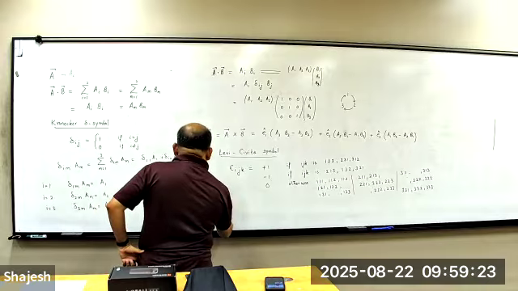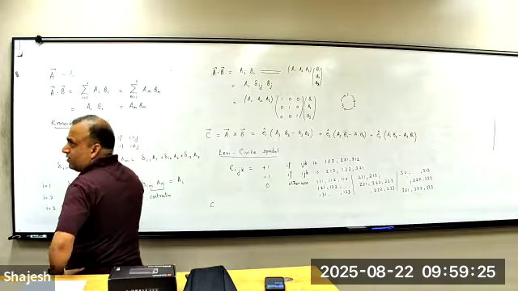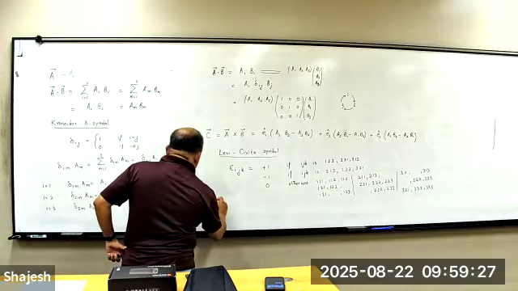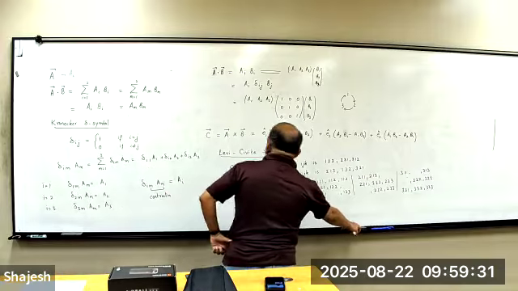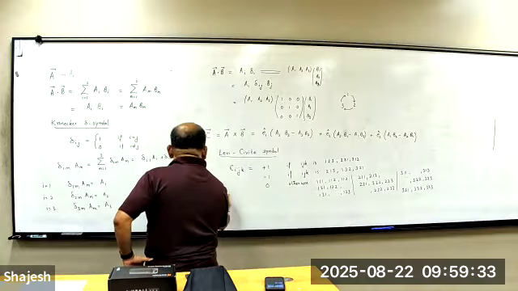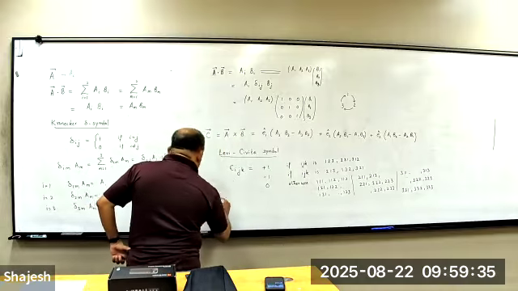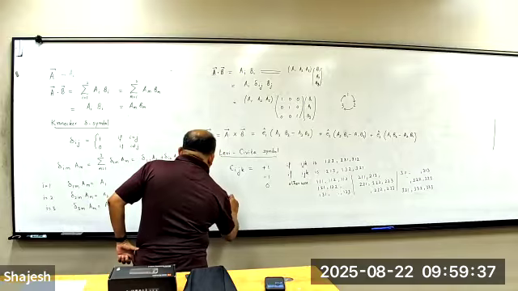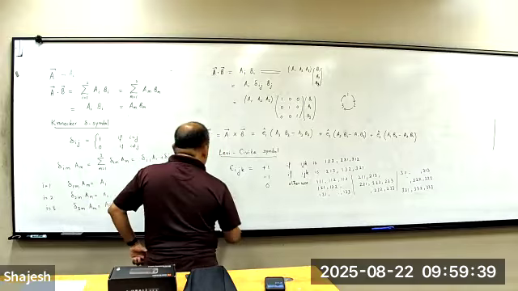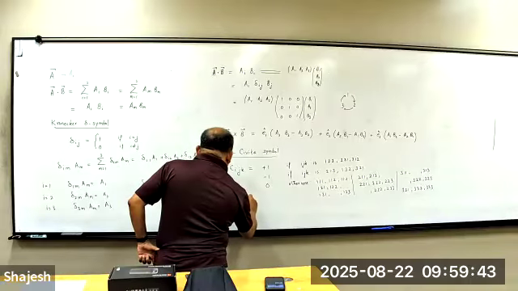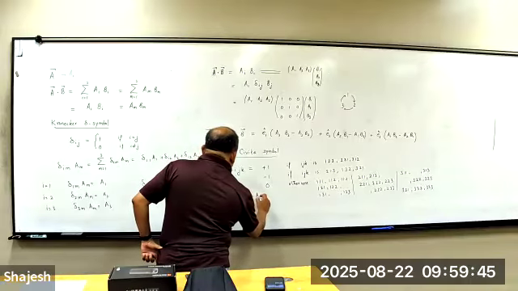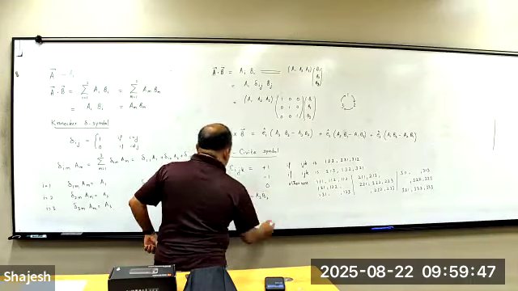So is this visible then? Okay. So C is equal to, let's just concentrate on C1. C1 is equal to A2 B3 minus A3 B2.